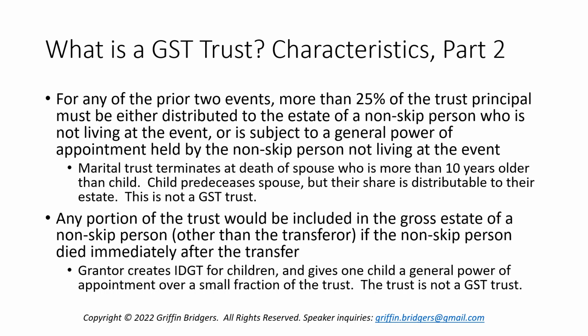So going back to our last example, let's say the marital trust terminated at the death of the spouse who's more than 10 years older than the child, and the child predeceases the spouse, but the child's share doesn't go to their descendants, and instead is distributable to the child's estate. That would not be a GST trust. Similarly, if the child predeceased and had a general power of appointment over that remainder that should have gone to them from the marital trust, it would not be a GST trust.